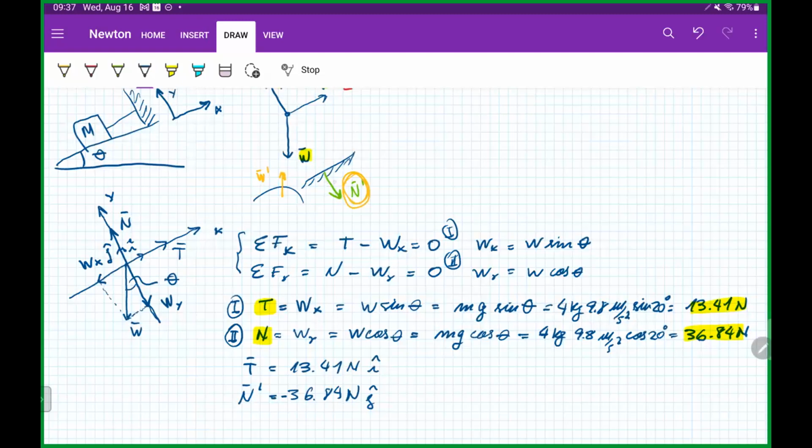Because we are giving the force that the block is exerting on the plane. Okay, any questions about that? It's a fine distinction. It's not asking for the normal, it's asking for the N prime, the reaction force, which is being applied to the floor, to the inclined plane.